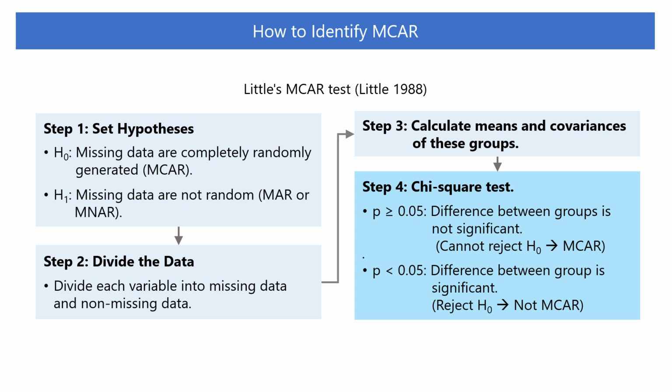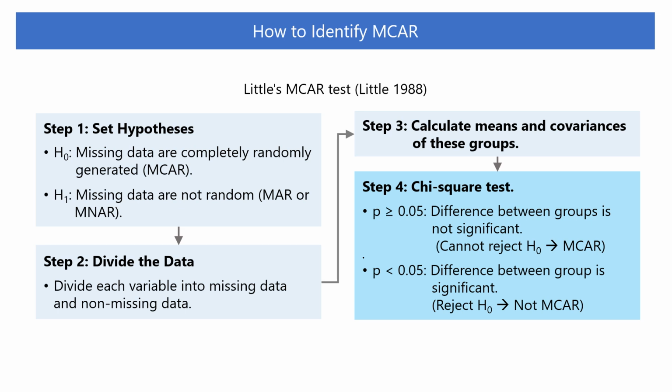In this chi-square test, we statistically test whether there is a difference between the observed data and the missing data. If the missing data are MCAR, the difference between observed data and missing data is not statistically significant. If the missing data are not MCAR, there will be a significant difference between the observed data and the missing data.